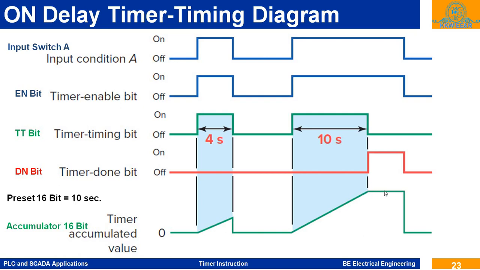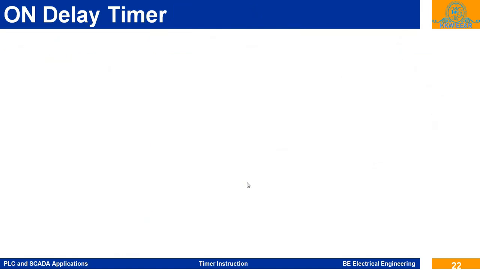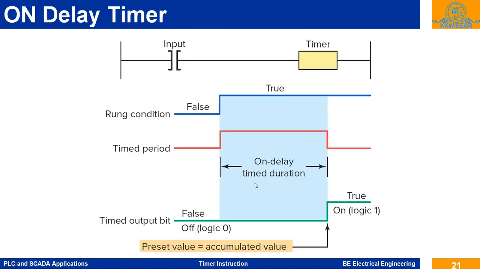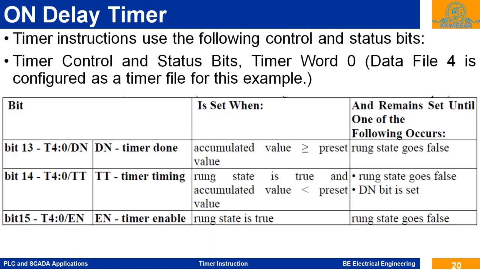In this condition, the accumulator is greater than or equal to the preset value, and the done bit is set. In this way, the done bit, TT bit or enable bit change their state.